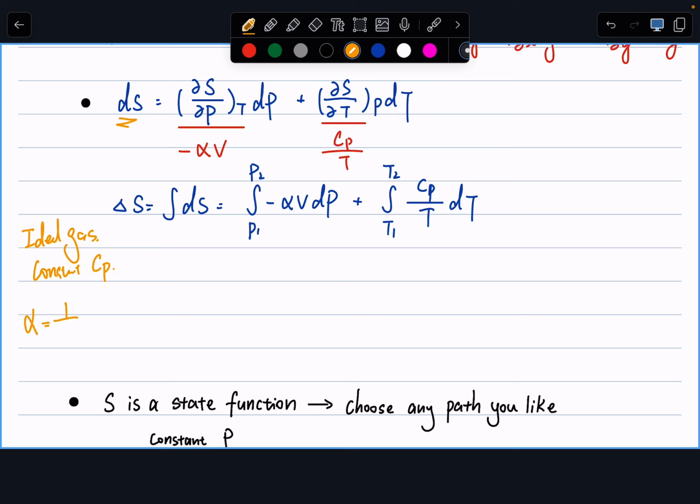We know alpha equals 1 over V, dV over dT at constant P. For ideal gases we can simplify that because PV equals nRT, so volume equals nRT over P at constant pressure. You plug in the numbers, solve the differential equation, and you get alpha equals 1 over T. Then you can plug that into the equation there.